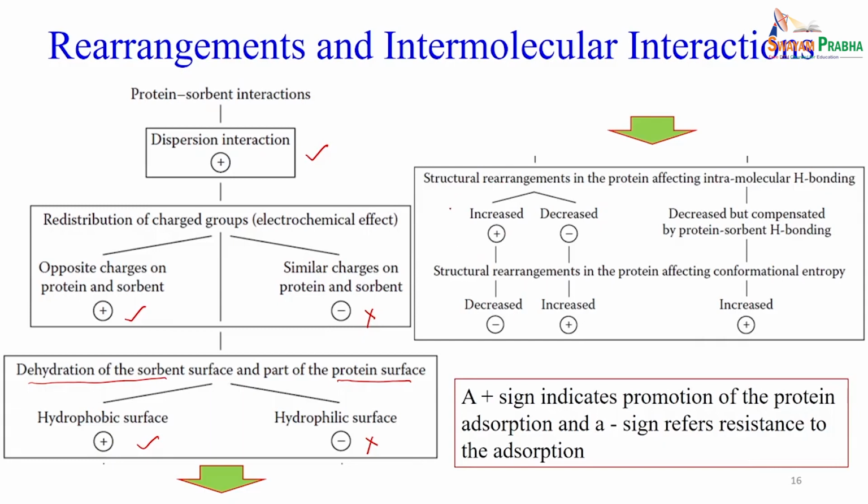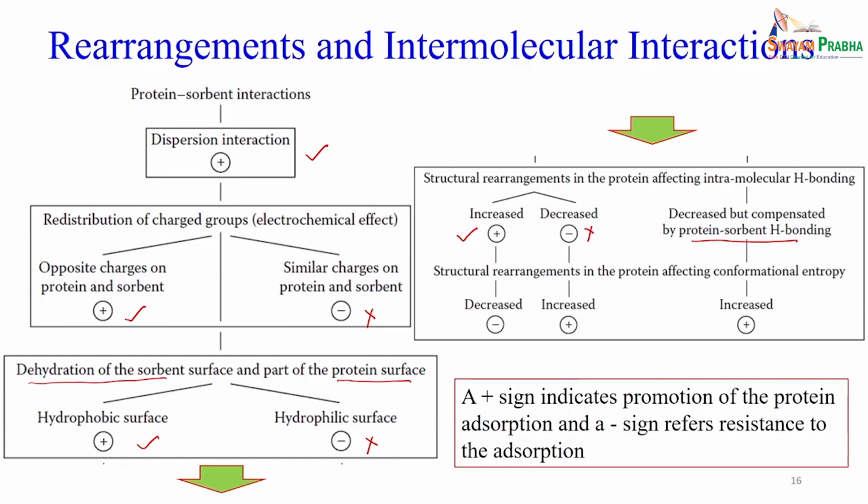If there is a formation of hydrogen bonds with the surface, it will promote the adsorption. If there is no increase in hydrogen bonds, or the intramolecular hydrogen bonds are intact, then this will not promote the adsorption process. Similarly, there may be the formation of hydrogen bonds between the surface and the protein.